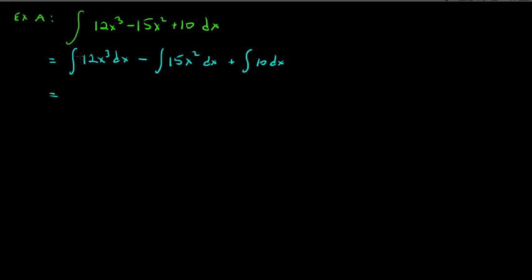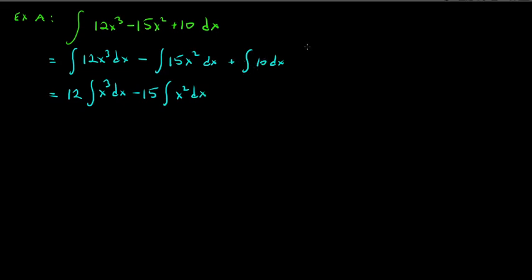And in fact, the 12 is a constant, so that can come outside the integral. These are integrals. Right? The 15 can come outside as well. And, well, so can the 10. If you take the 10 out, it would just be the integral of 1.